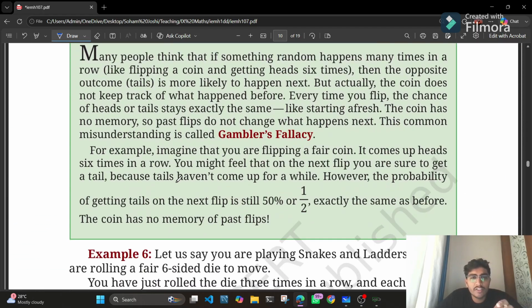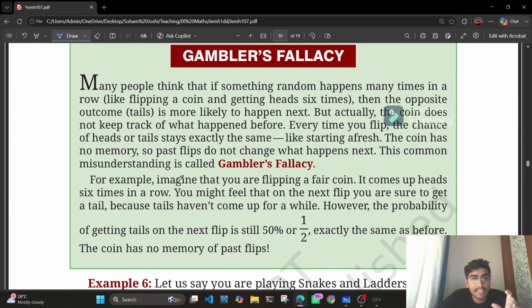Next up, we have gambler's fallacy. One concept that is gambler's fallacy. It might happen when you are playing some Ludo or something with your friend, with your cousin.